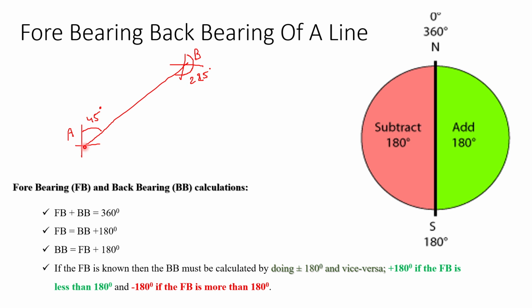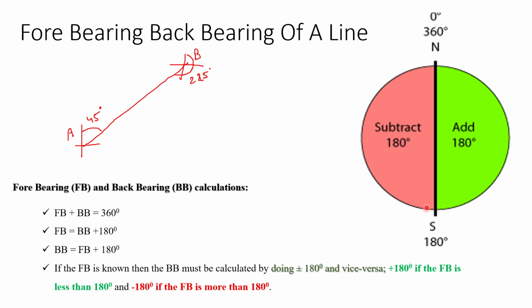For calculating the back bearing, if the bearing of the line is less than 180, we will add 180 to find the back bearing. Means from 0 to 180, we add 180.